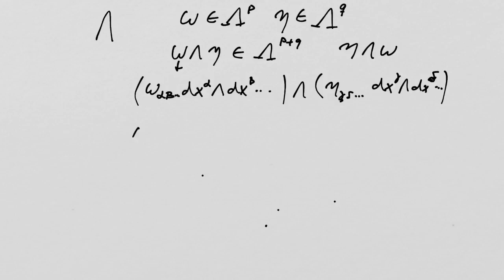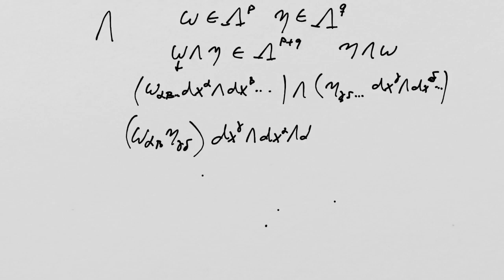So now I've created omega alpha beta, eta gamma delta, pulled those two things out because they're linear, and I've moved this dx gamma to the front, and it's taken me p interchanges to do that. So I'm going to be left with minus 1 to the p power, right? Because if p is odd, I'm going to be left over with a minus 1. If p is even, it's going to have no effect on the coefficient. So I do that, and now I've got the gamma out in front.